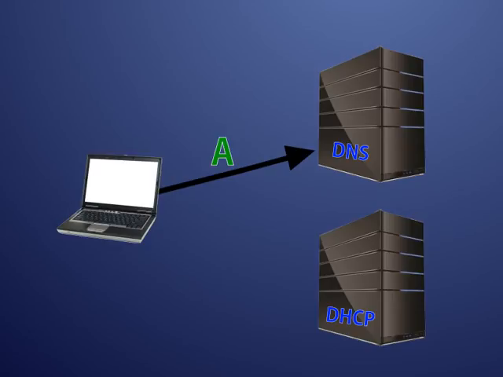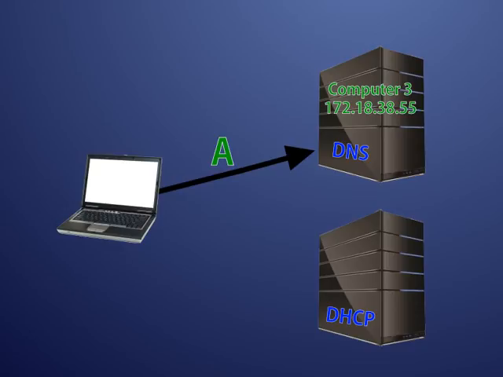This is the record that takes the name of the computer and makes an IP address out of it. So the A record is put into the DNS server, and it says something along the lines of computer 3 has an IP address of 172.18.38.55, for example. So that's an A record.